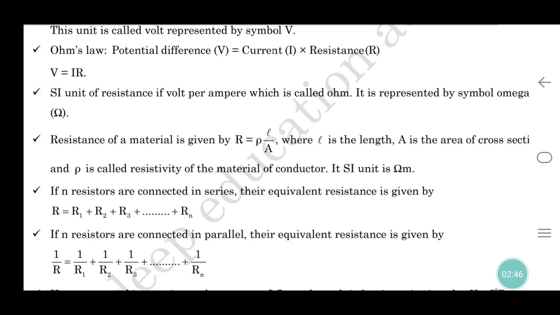Sometimes they give the resistance and V values and ask to find the current, or sometimes they give the voltage and I values and ask to find the resistance. Sometimes they give area, length and rho values, the resistivity, to find R. It depends upon the material.